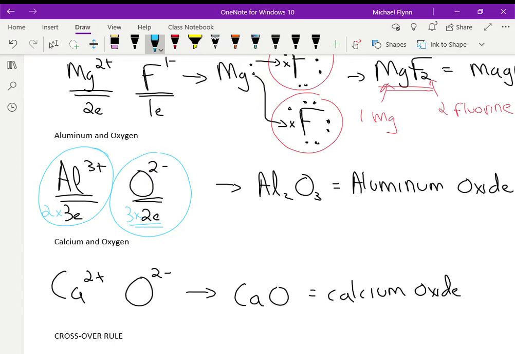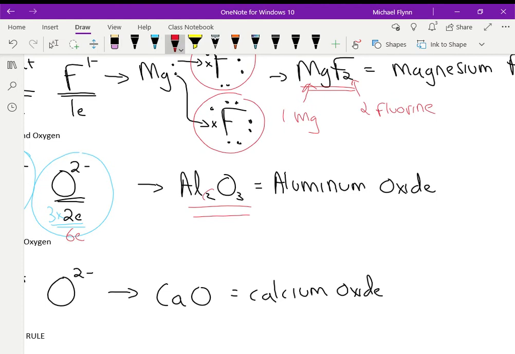So as long as the charge balances out, I have 6 electrons here, 6 electrons here, 6 electrons for the oxygen. Now it's balanced, so they combine in a 2-to-3 ratio, 2 aluminums for every 3 oxygens. Now how do we name this? Aluminum oxide. So there's the 2 and the 3. That means how many of each atom you have.